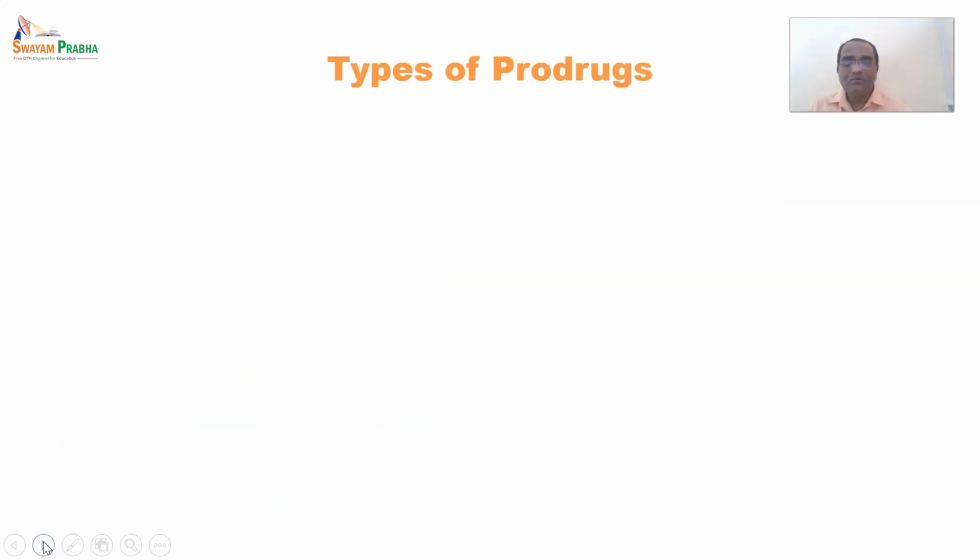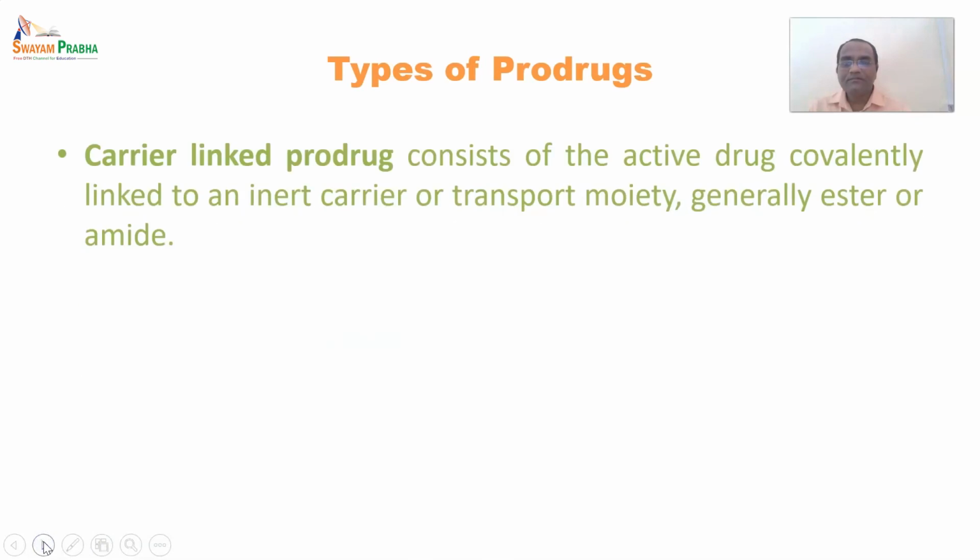Now we'll come to the types of prodrug. A carrier-linked prodrug consists of an active drug covalently linked to an inert carrier or transport moiety, generally an ester or amide. We have seen examples of such prodrugs also. The carrier should not be active or toxic in nature.